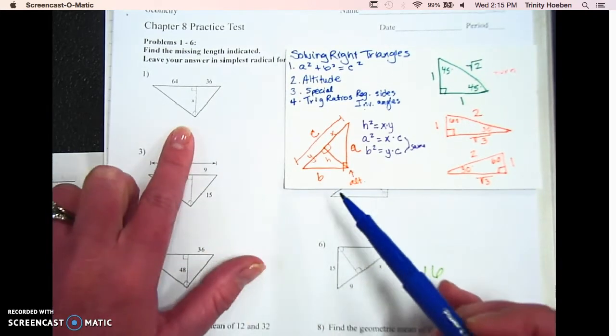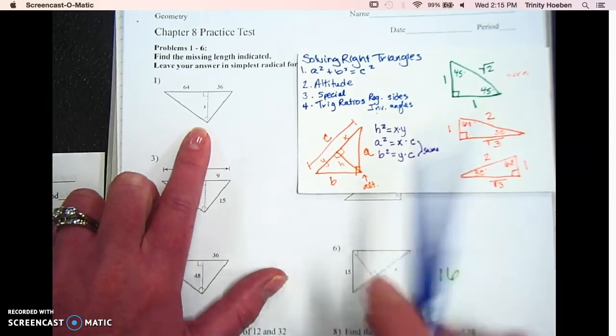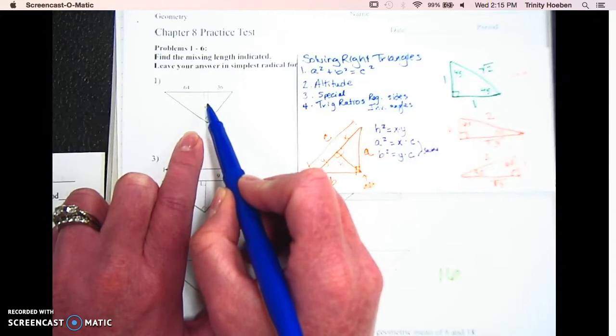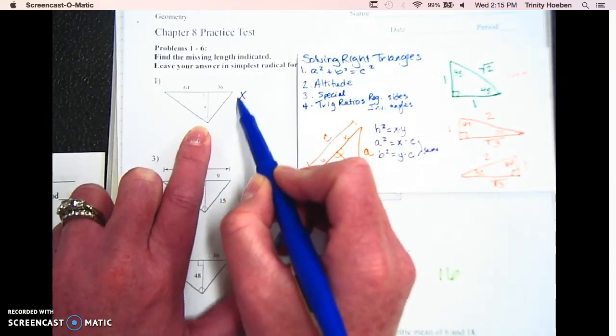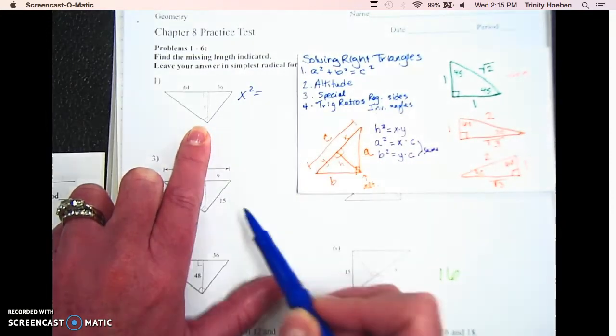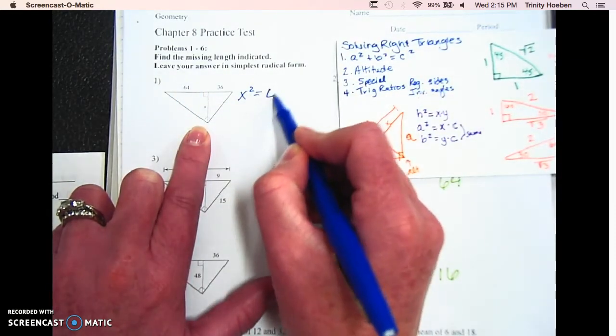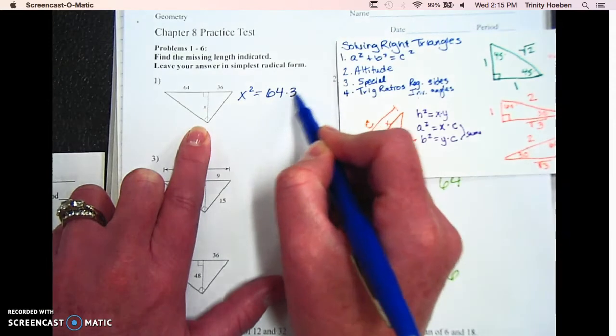All right, so problem number 1 uses the altitude. We're going to use that first equation, which says to take whatever's on the altitude and square it, set it equal to the 2 pieces of the hypotenuse multiplied together. So 64 times 36.